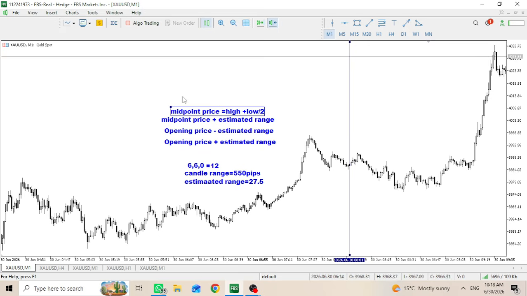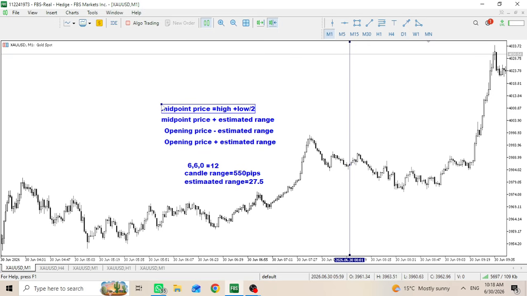That is the estimated midpoint. The midpoint that is not estimated, that is the midpoint price.